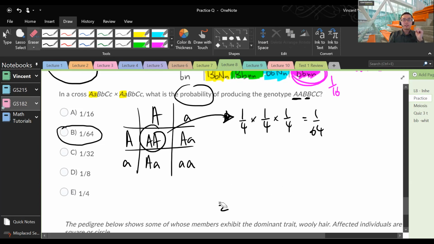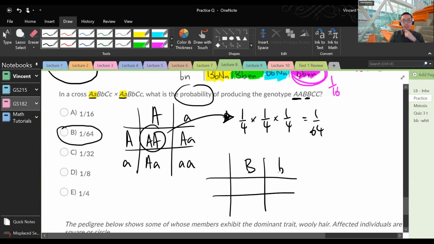Now, understanding that, we will take a look at this again. If you have big A, small a, big A, small a, here is the Punnett square for it, and you can see there is a quarter chance that you will get big A, big A. That's the first quarter. Now I can do it for the B as well: big B, small b, and big B, small b.